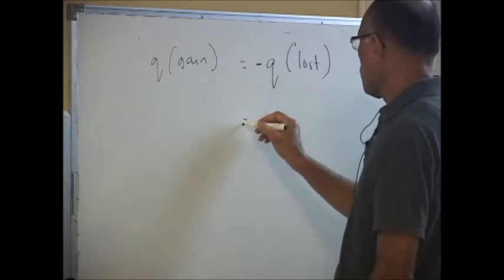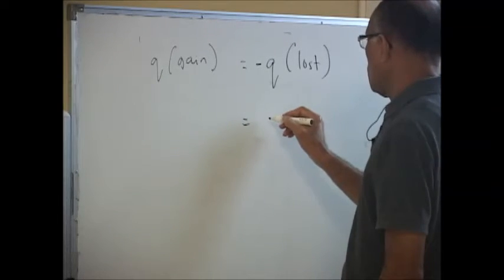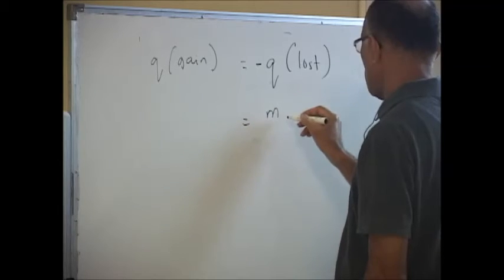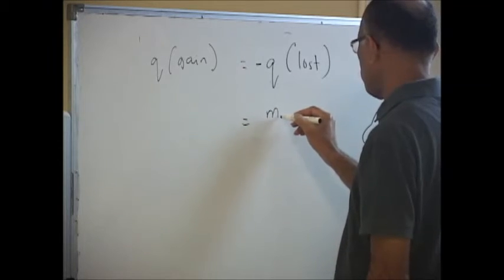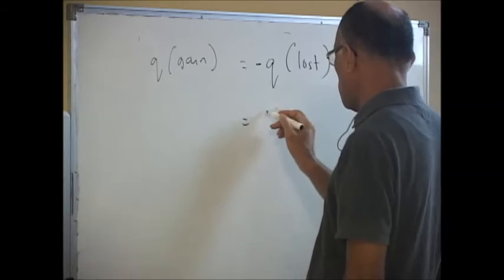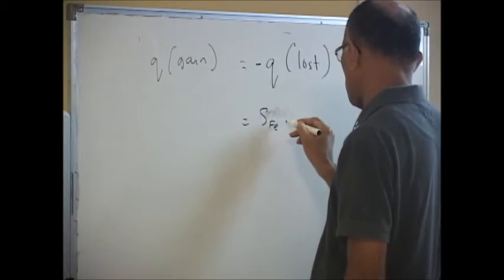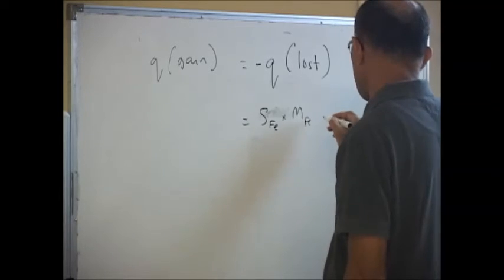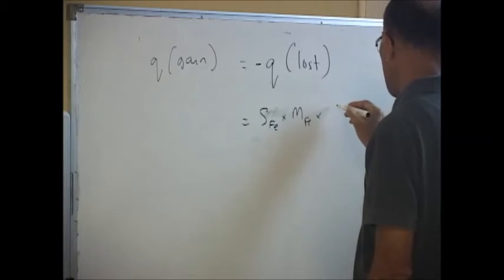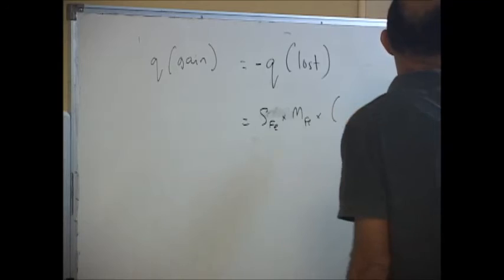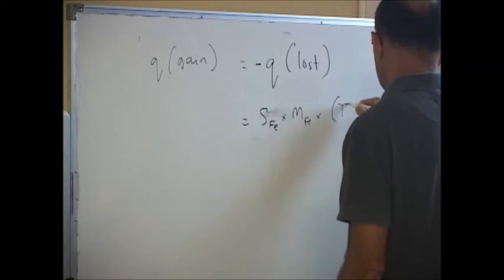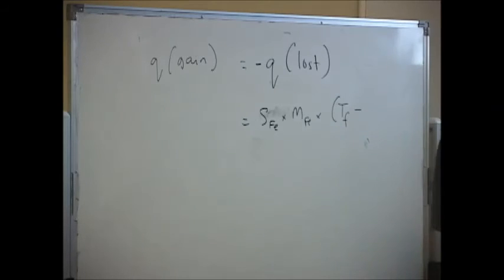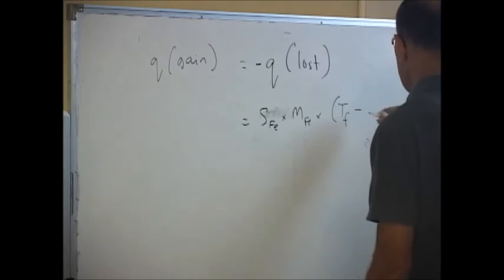So Q lost is the specific heat capacity of iron times mass of iron times the temperature change. Again we are working out T final minus the initial temperature of iron, which is 90.